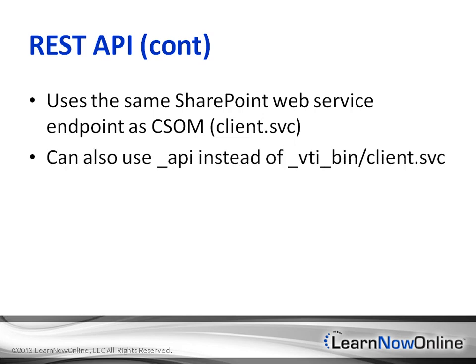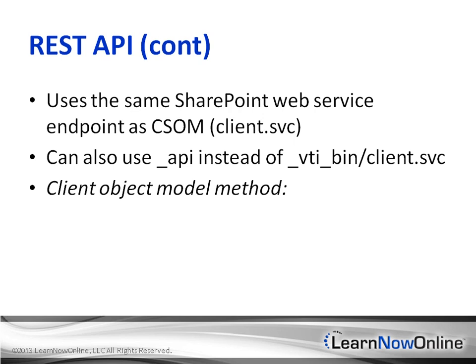Another thing to make it look more like a standard REST API is that you can use the _api alias instead of _vti_bin/client.svc, kind of like the conventions that the ASP.NET Web API uses as well. So it's nice, there's some consistency there.